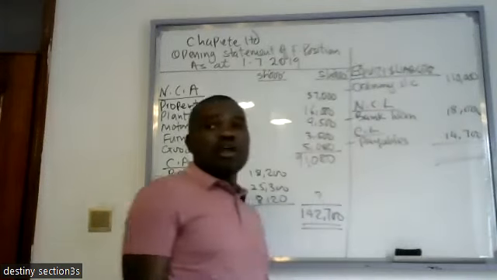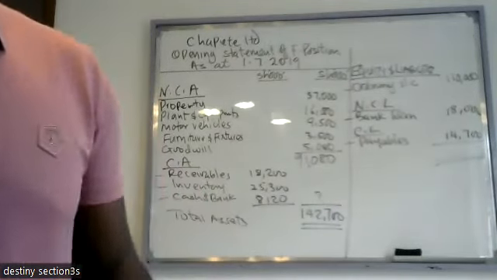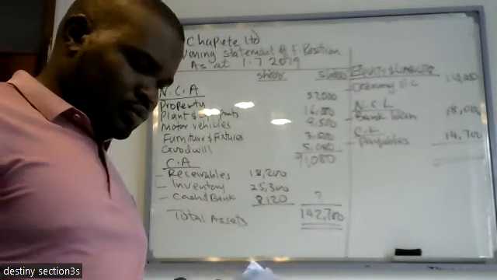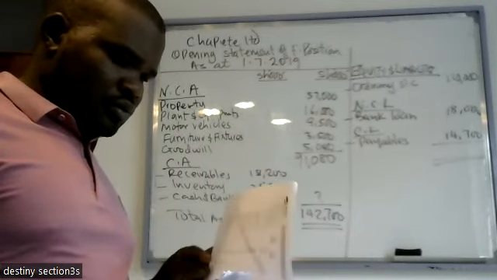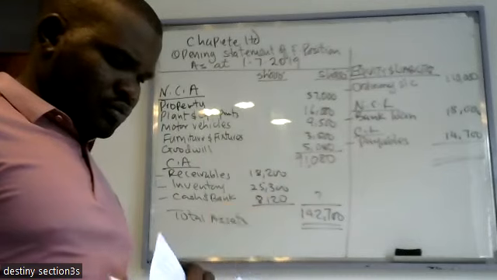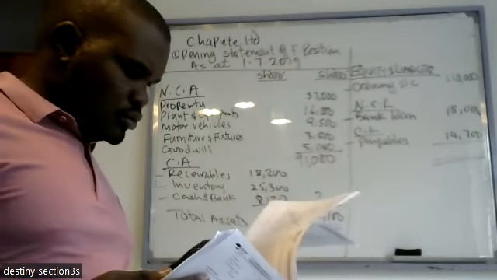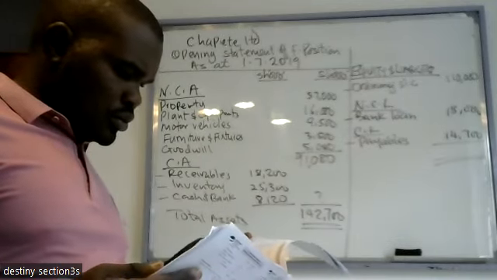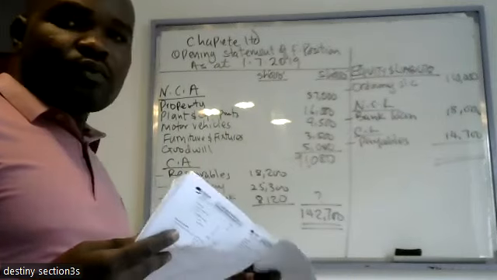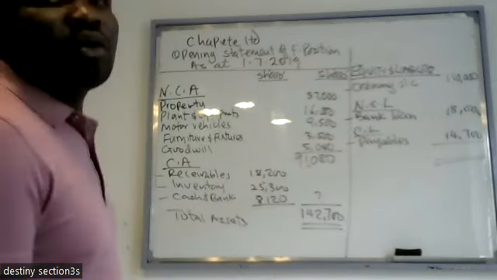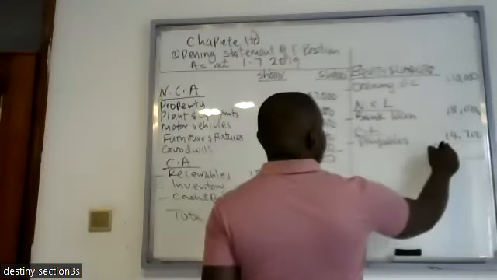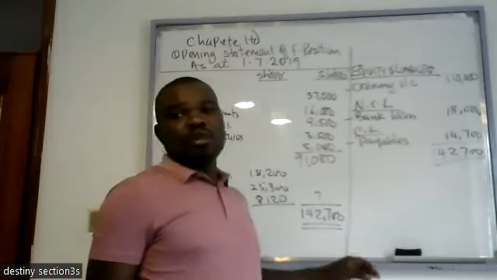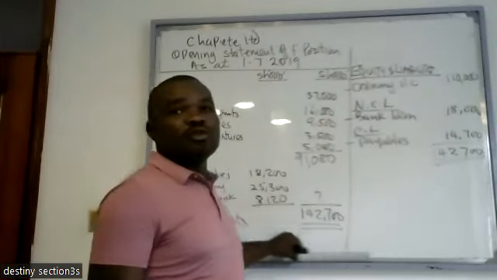So total equity and liabilities is balancing with that one there. 142,700. Please, we have one minute, and one minute is enough to show you.